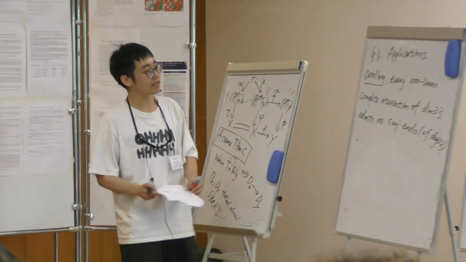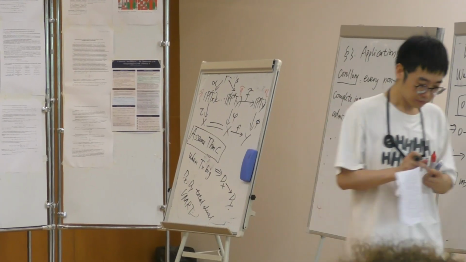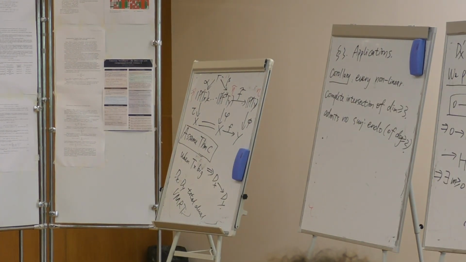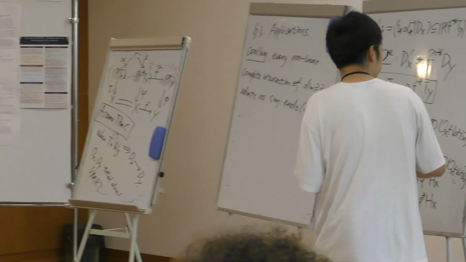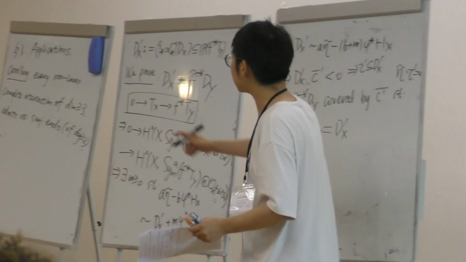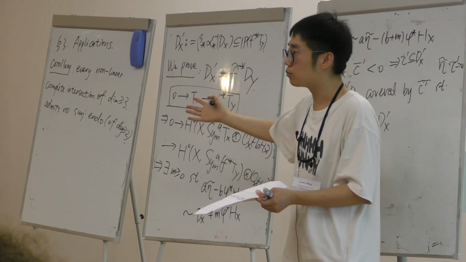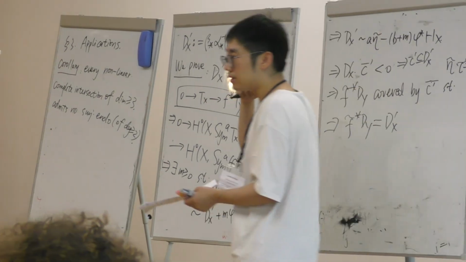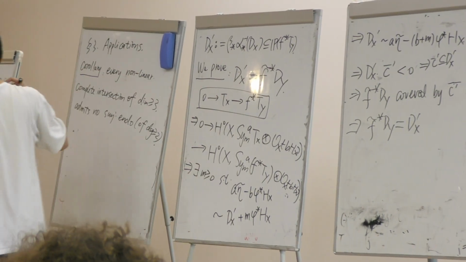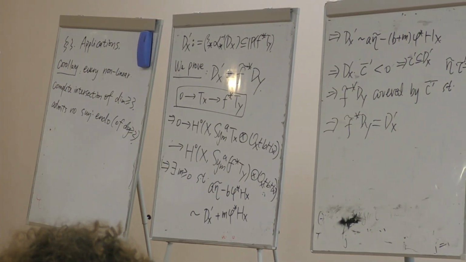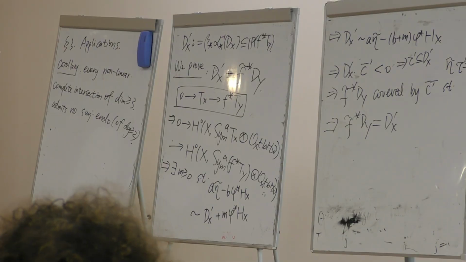So why is it? Because as I said, suppose there is such a non-isomorphic surjective endomorphism, then as in our proof, actually we show this tangent bundle is pseudo-effective.